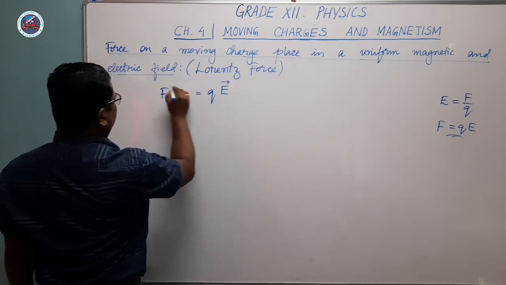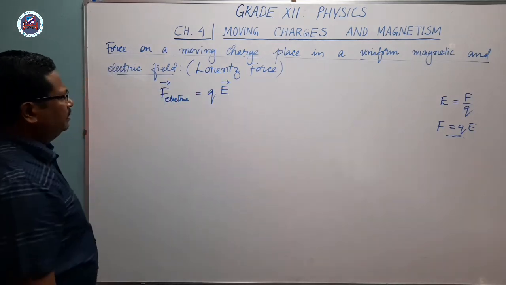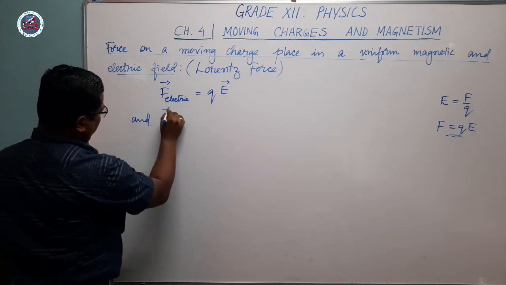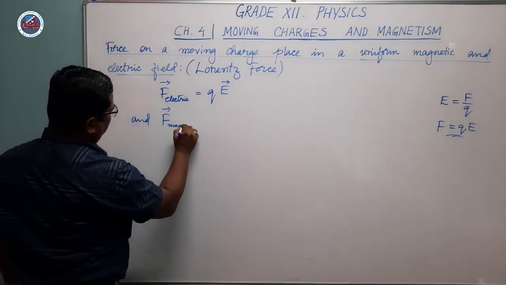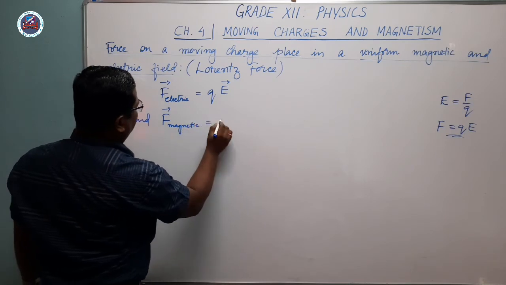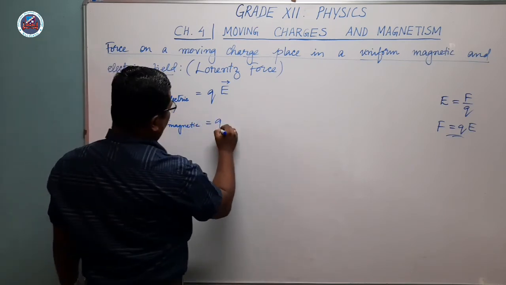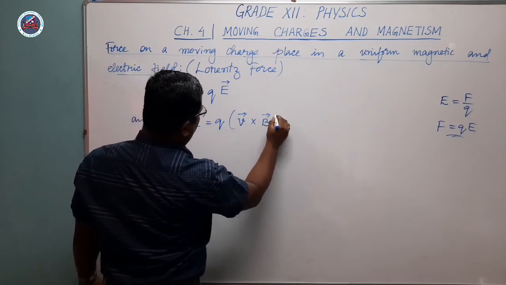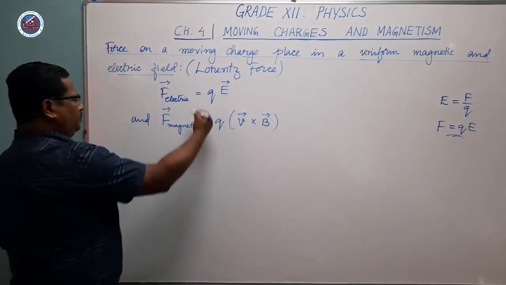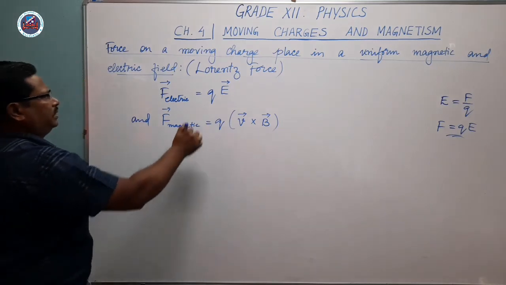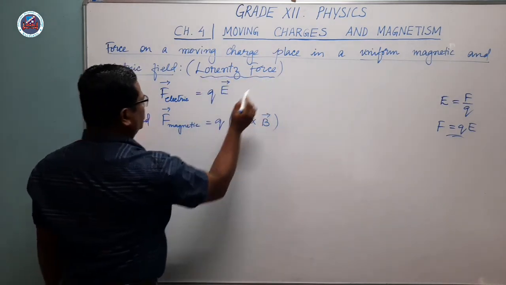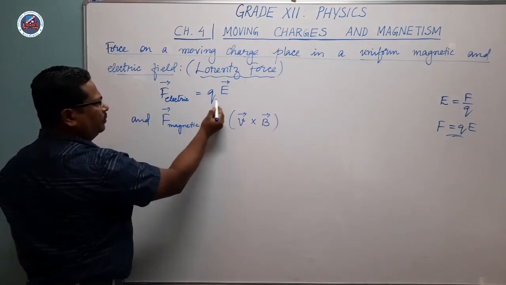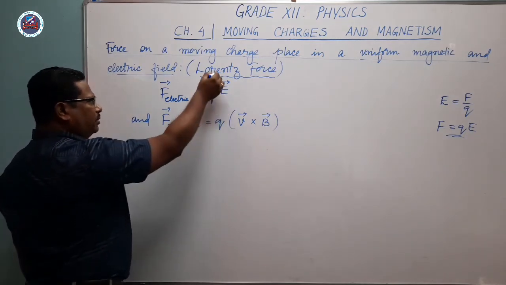Let me write in vector form. And magnetic force, we write it as Q V cross B. The sum total of both the forces, the electric force and the magnetic force, together we call it as Lorentz force.